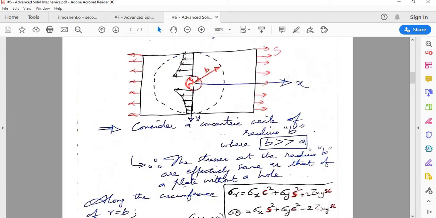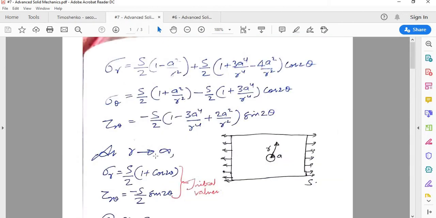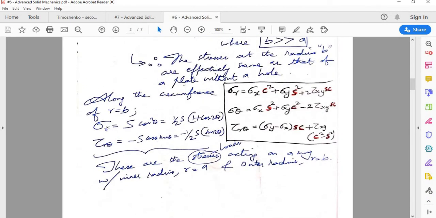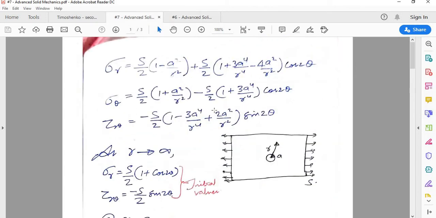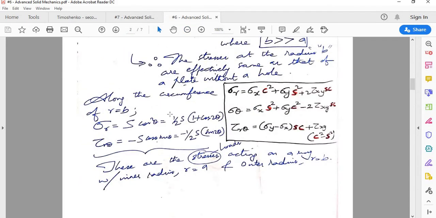As r tends to infinity, you can put this as 0, this is 0, this is 0, this is 0, this is 0. You will get back these expressions which are the same as our initial boundary condition.